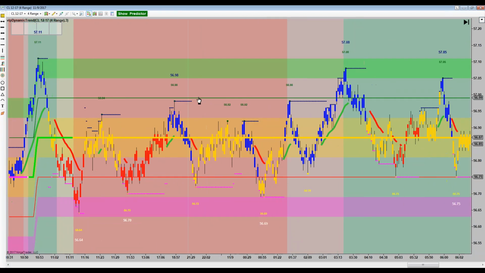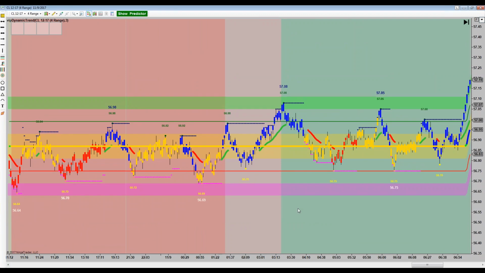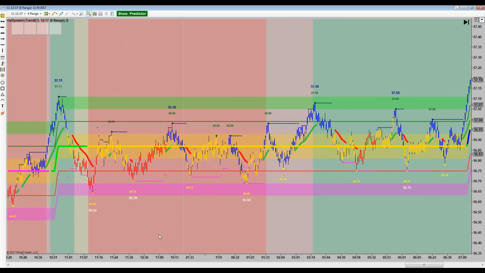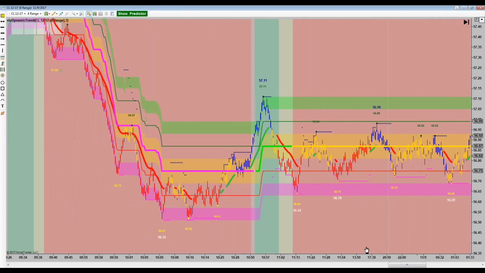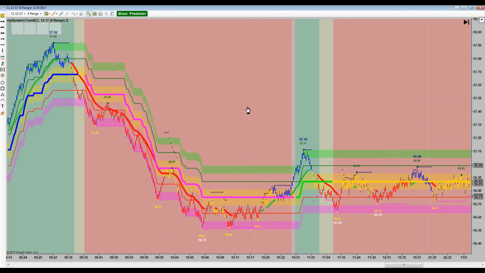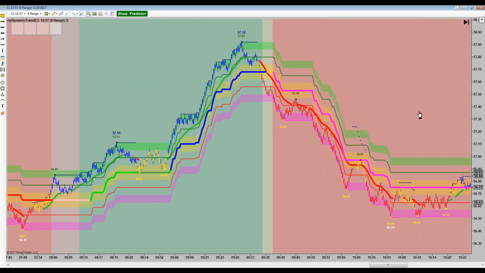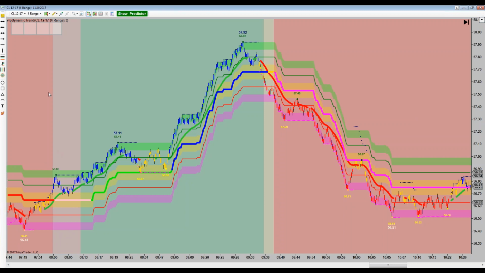Now, what's important to note here is that markets are in basically one of 3 different types of conditions. So what are those conditions? And we have to know what the state of the market is before we can trade it. So let's look at some examples. Here's some good examples right here on crude oil.